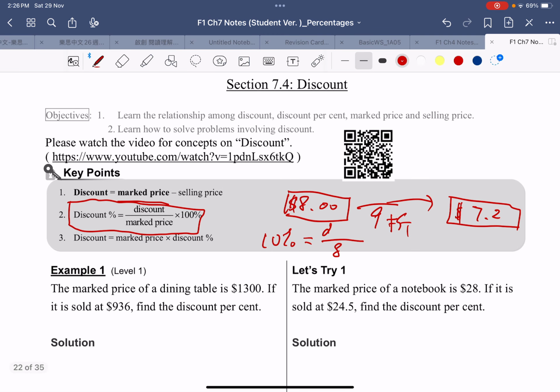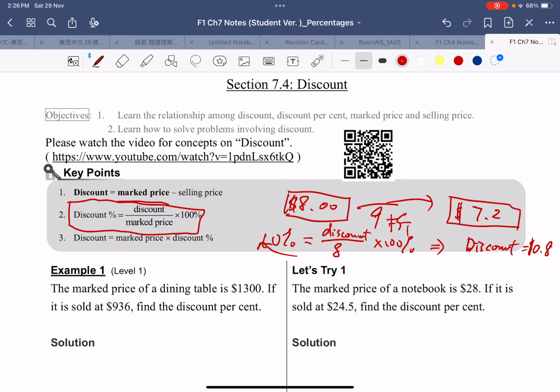So what is the discount? Simply, you can multiply the 8 up here. So 10% is 0.1 times 8. That means the discount is going to be $0.8.